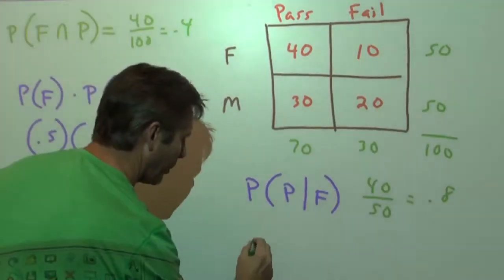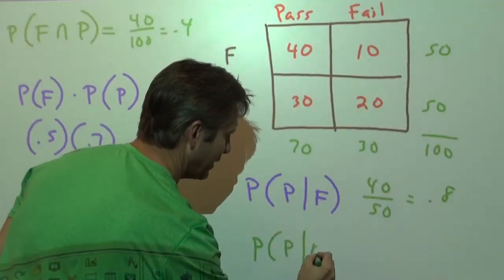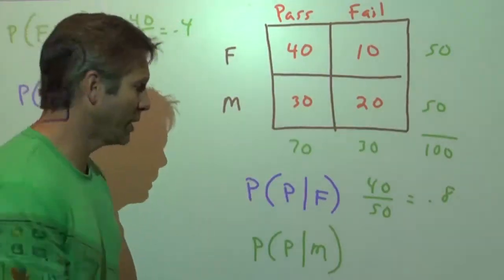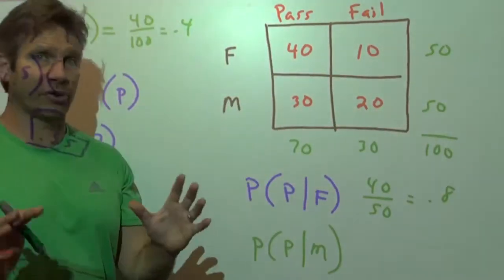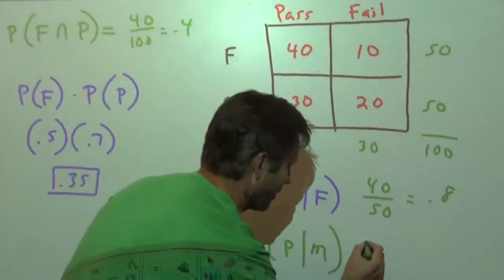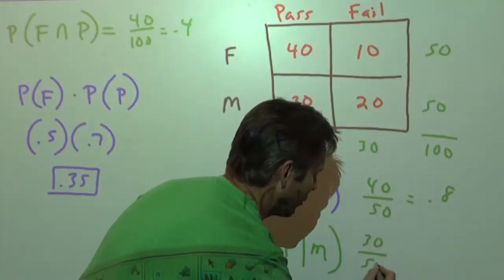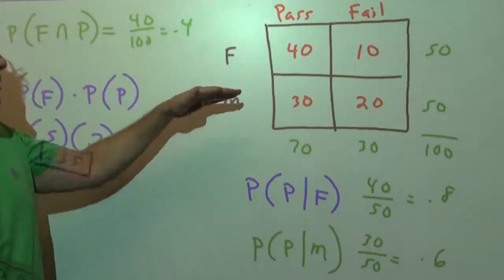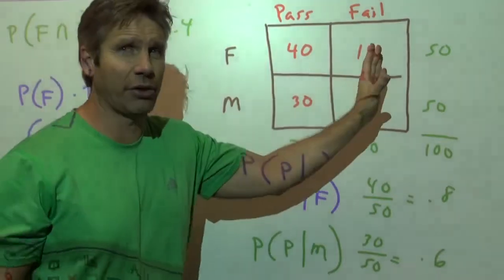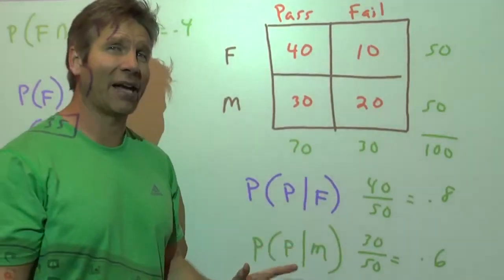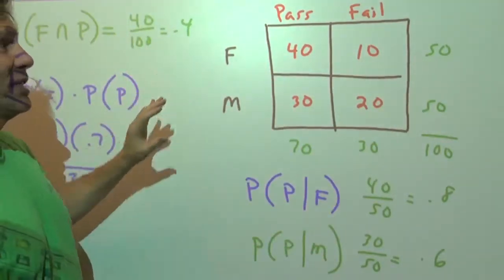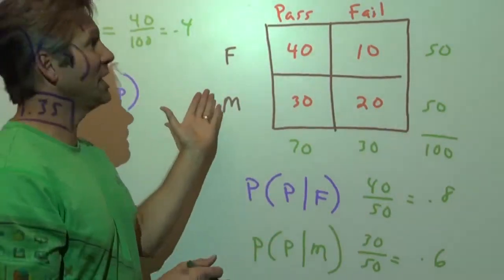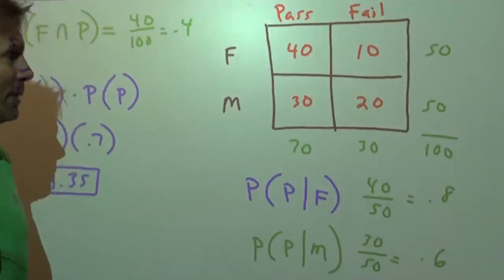But the probability that someone passed the test, given that they're male: out of the 50 males that took the test, only 30 passed. So this probability is 30 out of 50, which is 0.6. So it depends on gender as to the likelihood of passing the test. Gender is not independent of passing the test. There's a dependent relationship here.